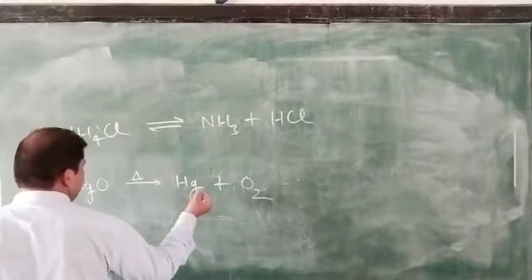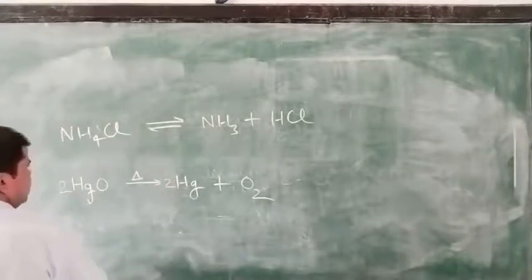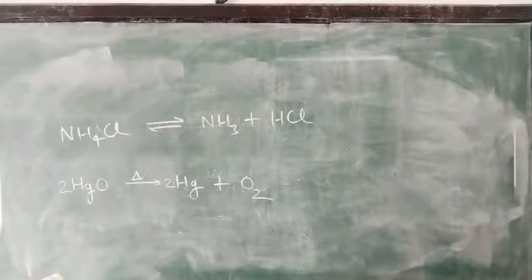This breaks down into mercury and oxygen. This is an example of a thermal decomposition reaction.